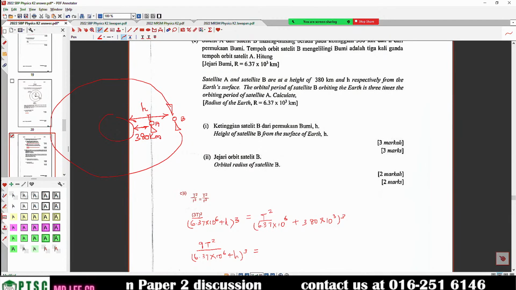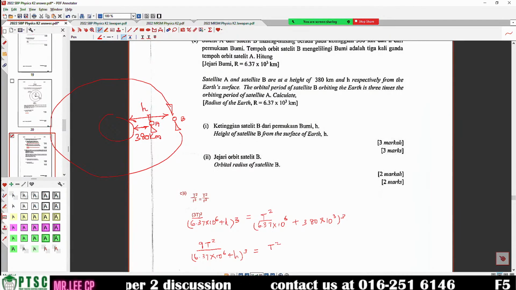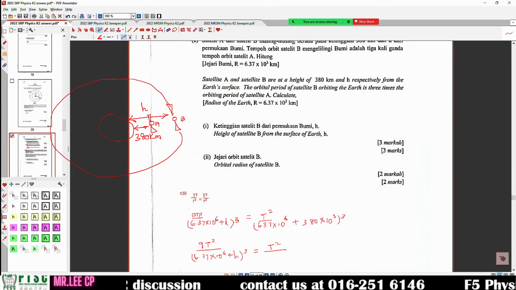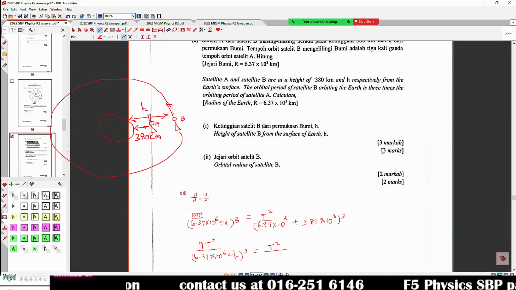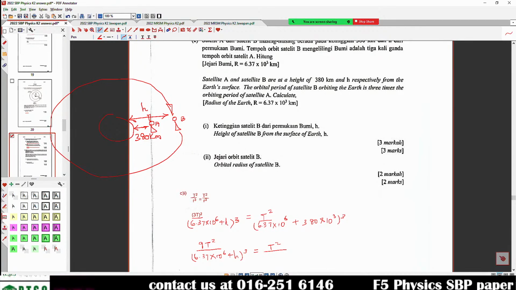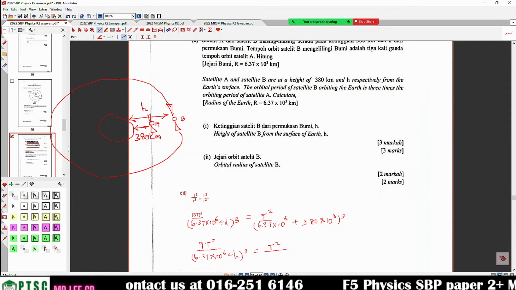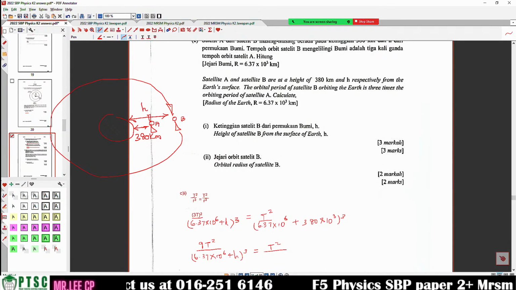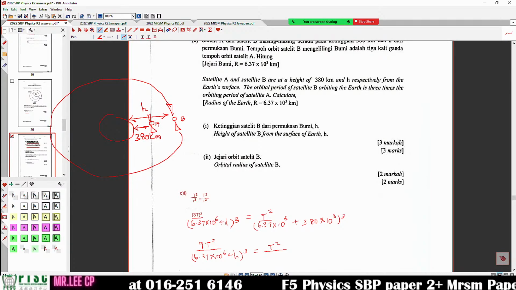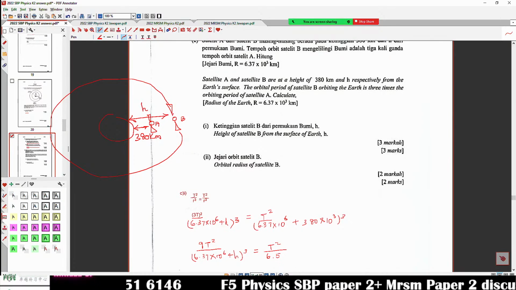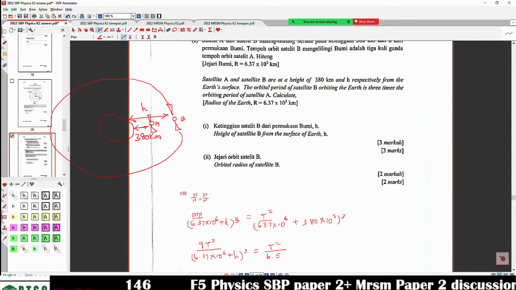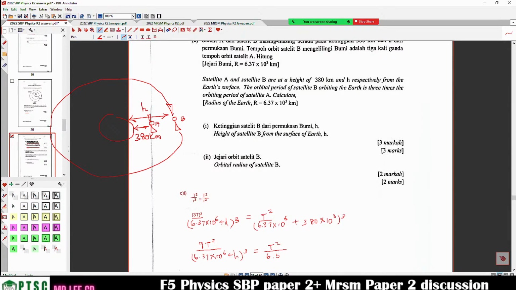And then this one is T squared over, this one I know, so I can put 6.37 exponent 6 plus 380 exponent 3, and then cube. Okay, I put it to 6.75. I add them first. Cube.